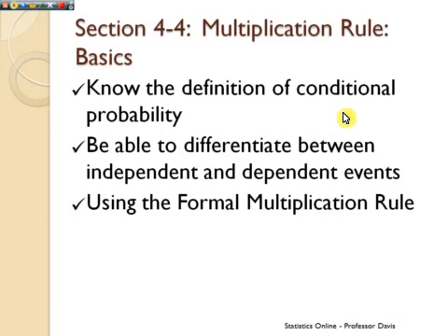And then we want to be able to use the formal multiplication rule in terms of applications. So make sure you check out the formal multiplication rule. You can think of that as the multiplication rule if the events are either independent or dependent.